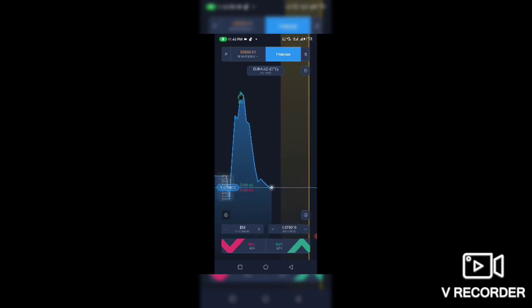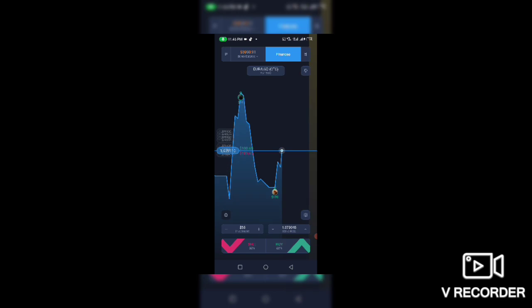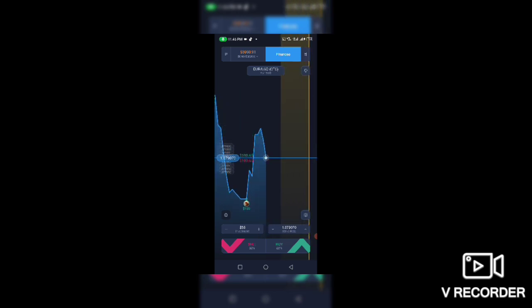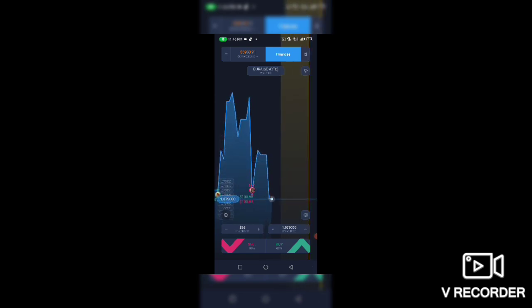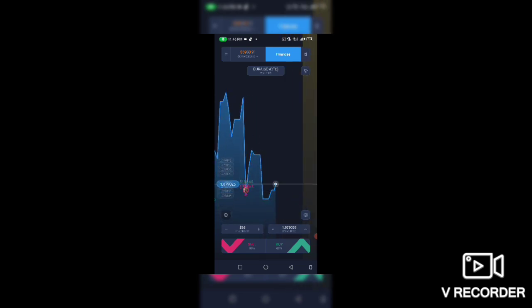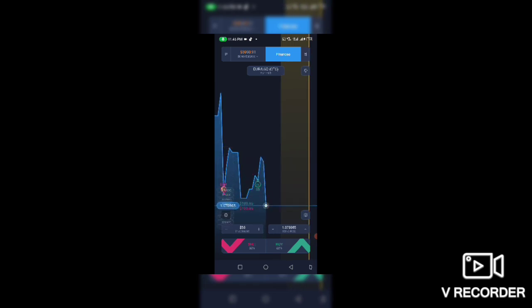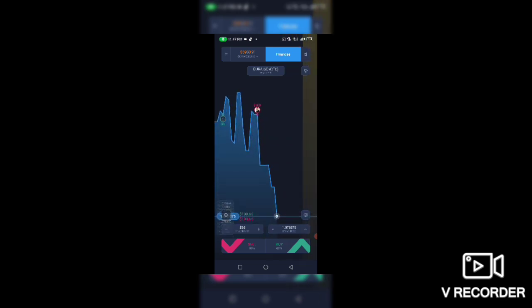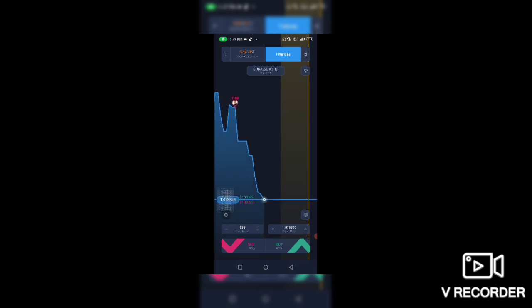Your ability to predict the right direction for a very small period of time is what we call binary option. Your ability to make a decision and say that the price will be up for a certain period of time or down for a certain period of time is what we call binary option trading. If you are correct in your prediction, you make profit. If you are not correct, you lose your money.